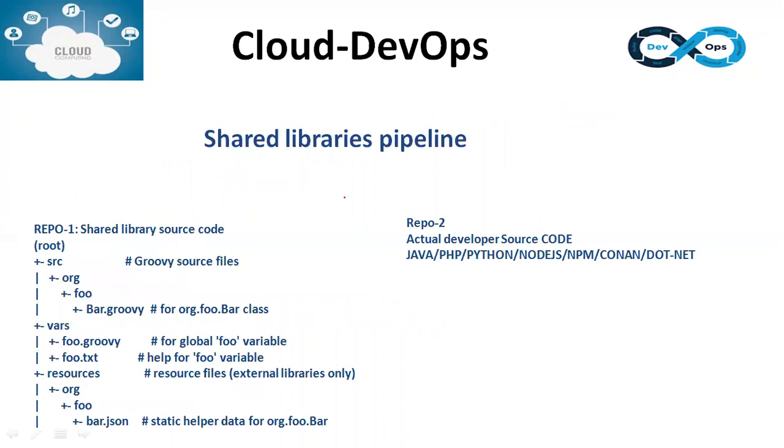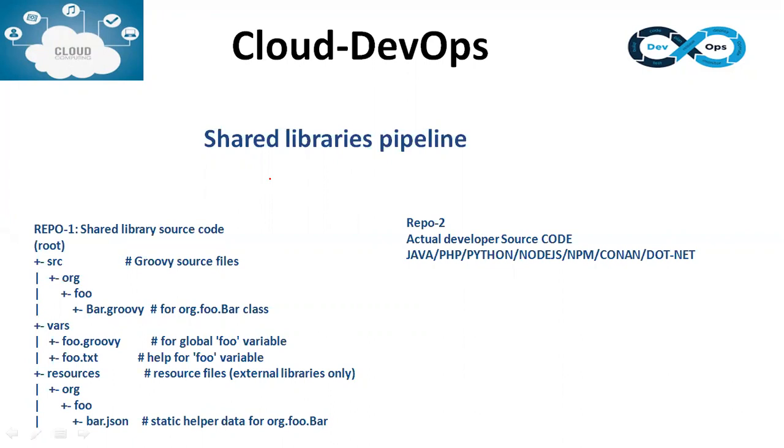And if we come to shared libraries, it involves the shared library concept, meaning shared. That means one type of code that the DevOps engineers or someone develops and keeps in one particular repository. And all the remaining repositories will use this common repository to do their builds, their tests, other kinds of functionalities and the deployments.